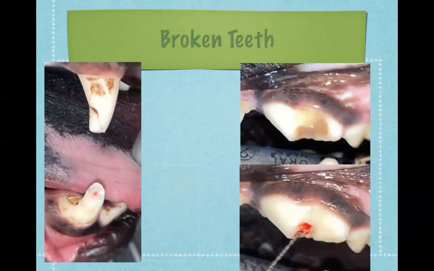And here's an example. This dog recently broke its lower canine and its upper, but it wasn't full through and through on the upper. It also had a broken tooth from chewing on something on the left side and had plaque and tartar covering it. We thought it was kind of like this other upper where it wasn't all the way through. Cleaned it all off and realized it was through and through.